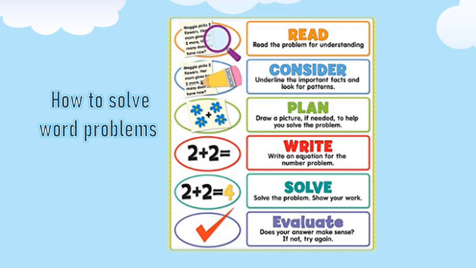And then you have to plan, draw a picture if you need it to help you solve the problems. And then you have to write the equation for the number problems. After that you have to solve the problems and show your work. At the last, you have to evaluate your answer.